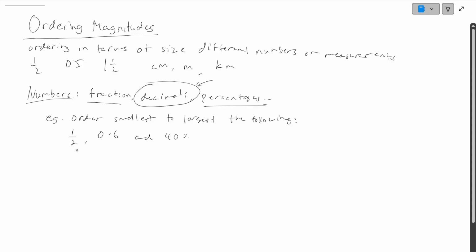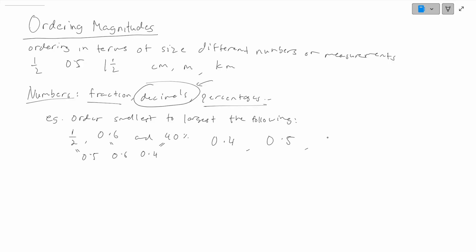And we know that 1/2 is just 0.5. 0.6 will remain 0.6. And 40% is 0.4. Ordering it from smallest to largest, we start off with 0.4. And then we go on to 0.5. And then we go on to 0.6.